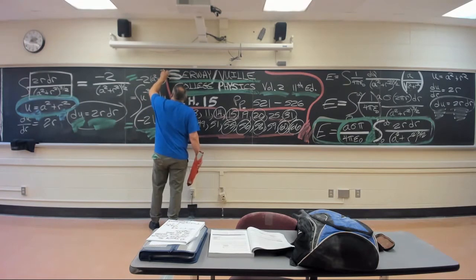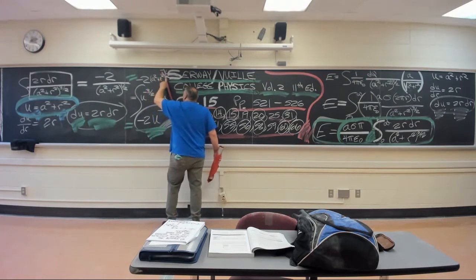Subtract 1 up here, subtract 2 over 2, you get negative 3/2. Negative 1/2 minus 1 is negative 3/2.